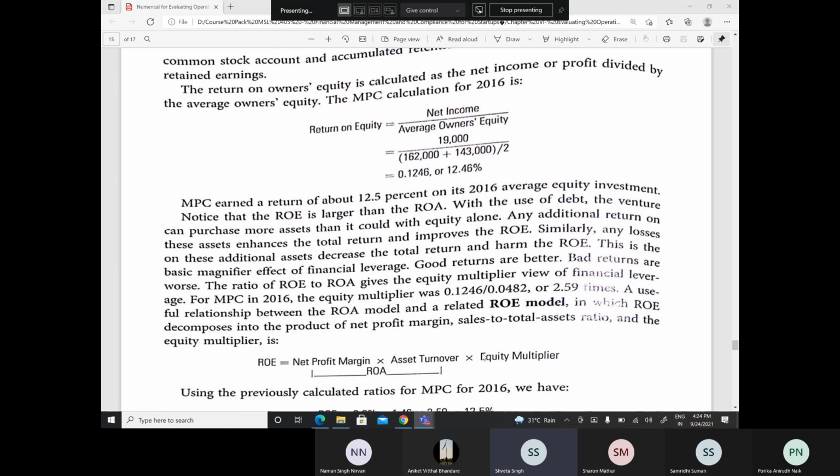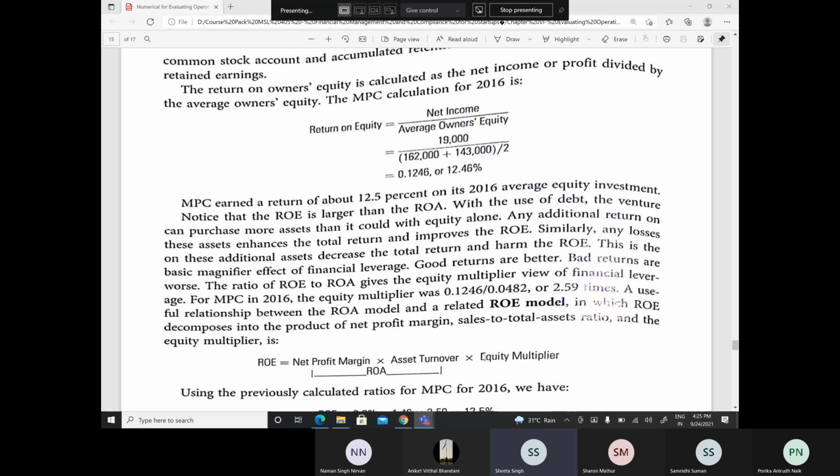The MPC calculation for 2016 is return on equity, which is equal to net income divided by average owner's equity, which is 19,000 divided by (162,000 plus 143,000) divided by 2, which comes out to be 12.46%. This shows that MPC earned a return of about 12.5% on its 2016 average equity investment.